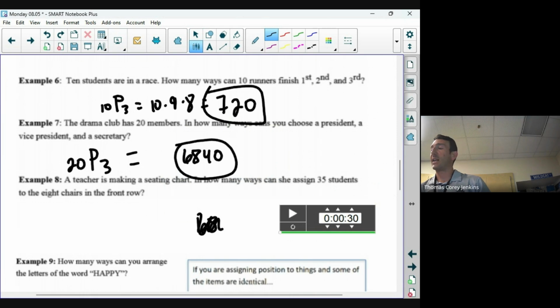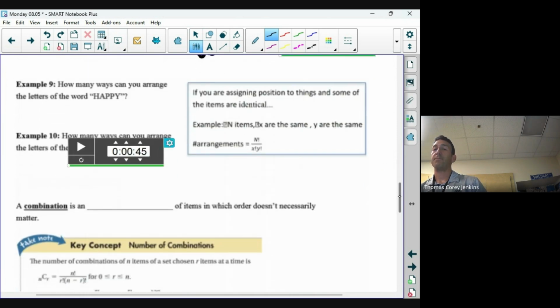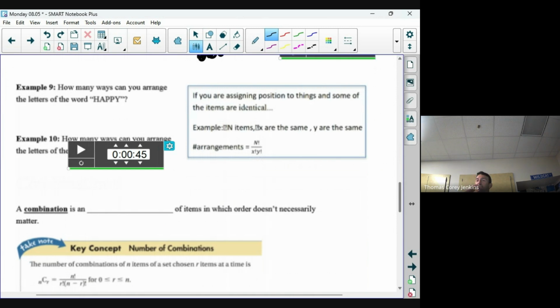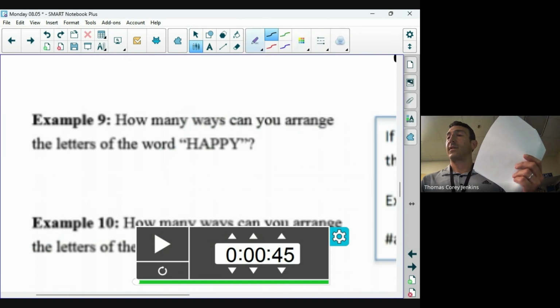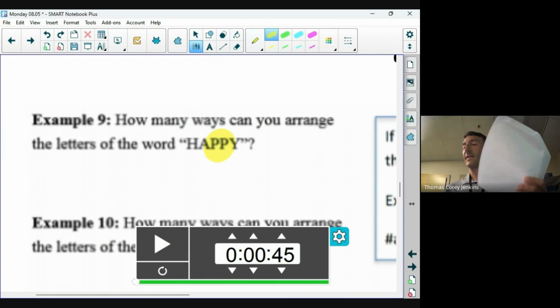So examples 9 and 10 are kind of the same, but let's just look at example 9 and see how it's slightly different. It says, how many ways can you arrange the letters of the word happy? So the trick with this one, what's going to throw me off here, is that I have repeated letters. Okay, so let's see what it says about that.